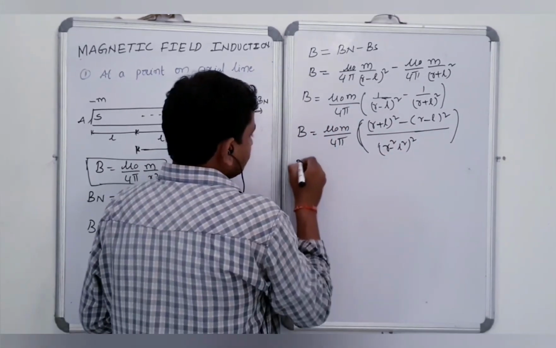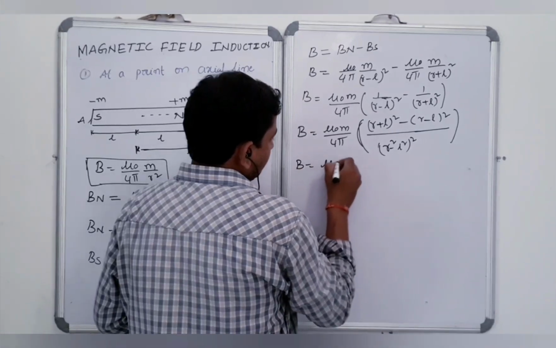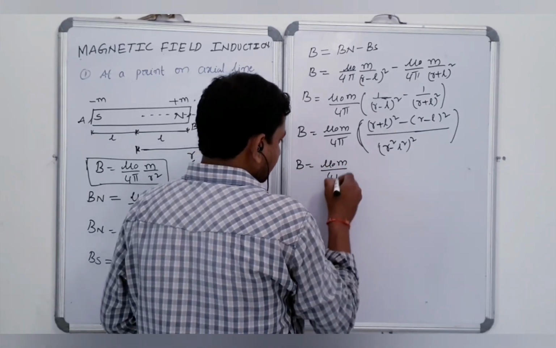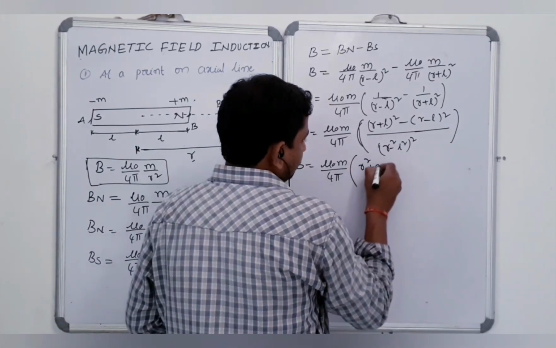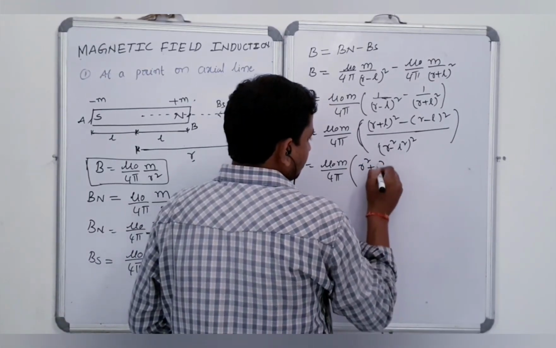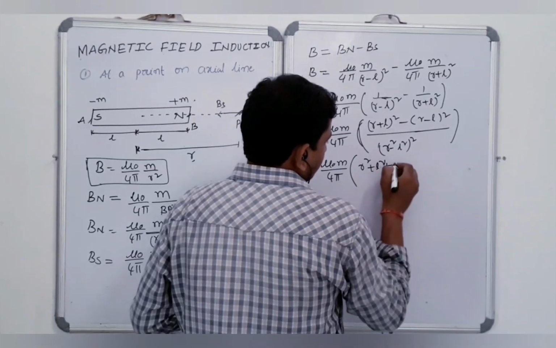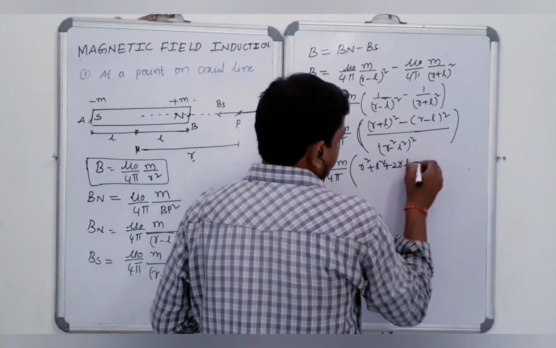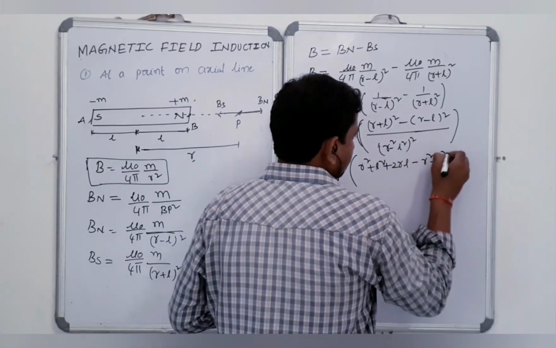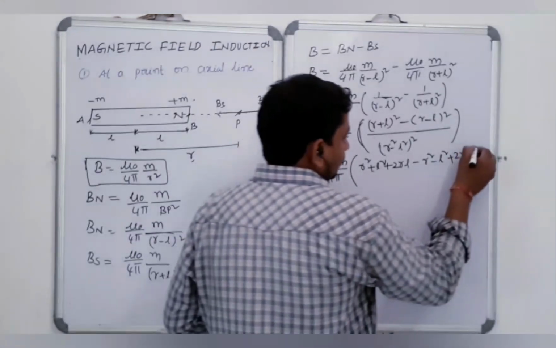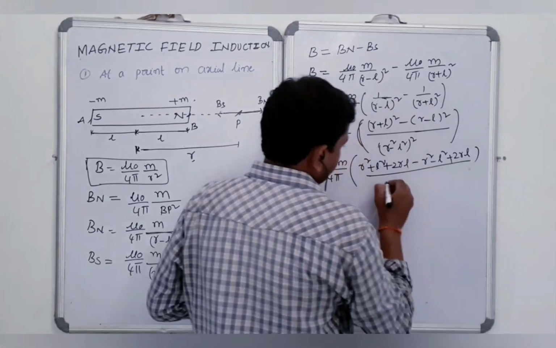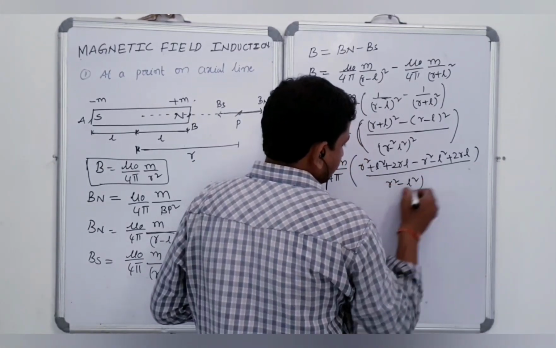Okay, so B is equal to mu naught m by 4 pi into, using a square plus b square, a square plus L square plus 2rL minus r square minus L square minus 2rL, minus minus becomes plus, by r square minus L square whole square.